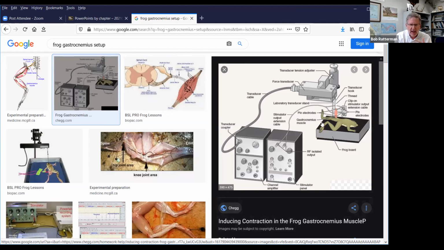It's not feeling any pain, but its muscle tissue is still viable. And you put various electrodes here into the gastrocnemius muscle of the frog, and then you stimulate it, and you can measure the response. Okay, that's in essence what we're talking about.